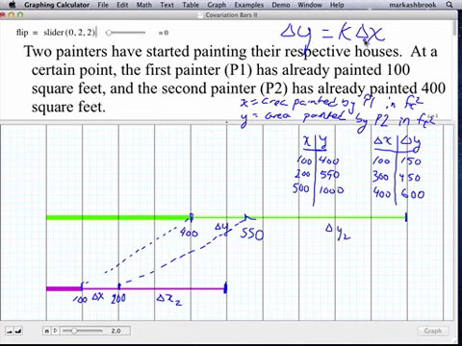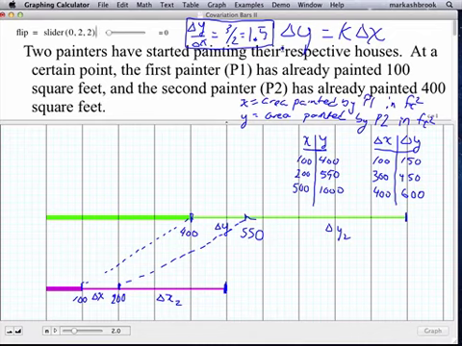Is the additional amount that painter 2 paints, delta y, always a constant multiple, k, of the additional amount that painter 1 paints? And you said that that constant multiple is 3 halves. So our k value, delta y over delta x, is 3 halves or 1.5.